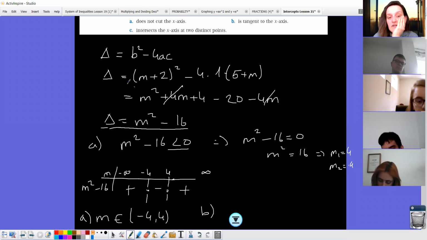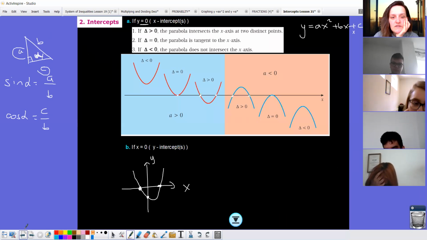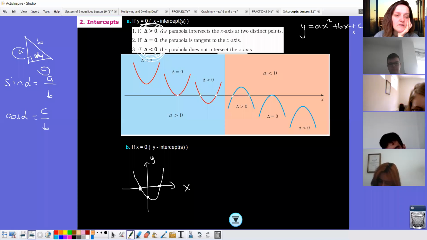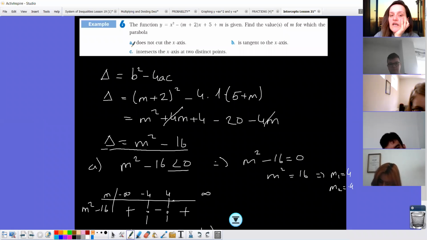So we are talking about the discriminant, and for the discriminant we always had 3 cases, which I showed you in the first part of intercepts: greater than, equal to, smaller than 0. If it is greater, 2 distinct points; equal, tangent to the x-axis; smaller, does not intersect the x-axis. Now we are solving that question. A says it does not cut the x-axis, so the discriminant is less than 0, and we found the interval.